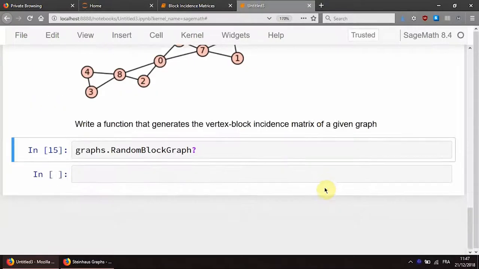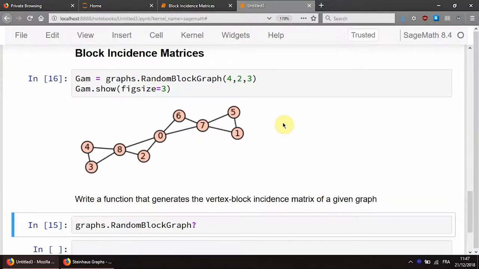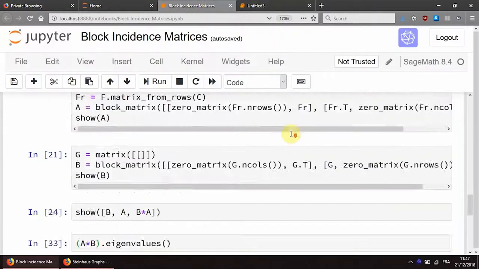The rows of this matrix should be indexed by vertices, just like the vertex edge incidence matrix, and the columns should be indexed by blocks. Maybe I can show you an example.